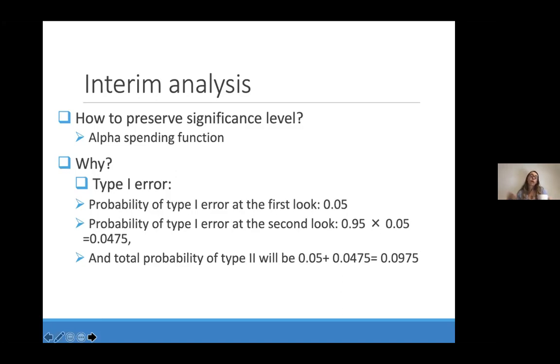So when you are analyzing your data, we usually consider an alpha of 0.05.